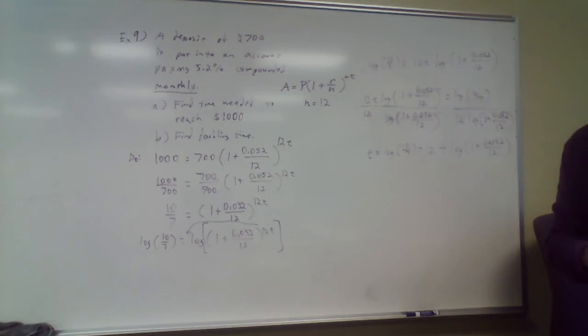So, I'm going to get out my calculator. Log of 10 divided by 7. Close the parenthesis. Make sure that that part's in parentheses. Hit enter. You should be fine. Divide by 12. Hit enter. And then divide by log. Open a parenthesis if your calculator doesn't already do it for you. 1 plus 0.052 divided by 12.